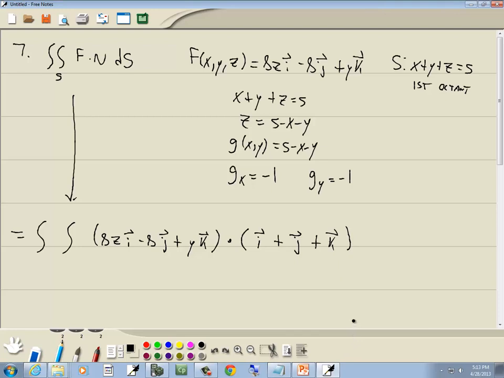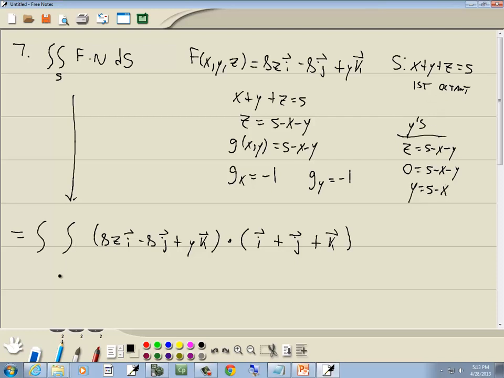Okay. Well, let's look at how to set up our limits here. We'll look at y. So we got z is equal to 5 minus x minus y. At this point, z's gone because we mapped it into the xy plane. So z's gone, so we put a 0 for it. 0 equals 5 minus x minus y. Solve for y, so take negative y over, and we get y is equal to 5 minus x.